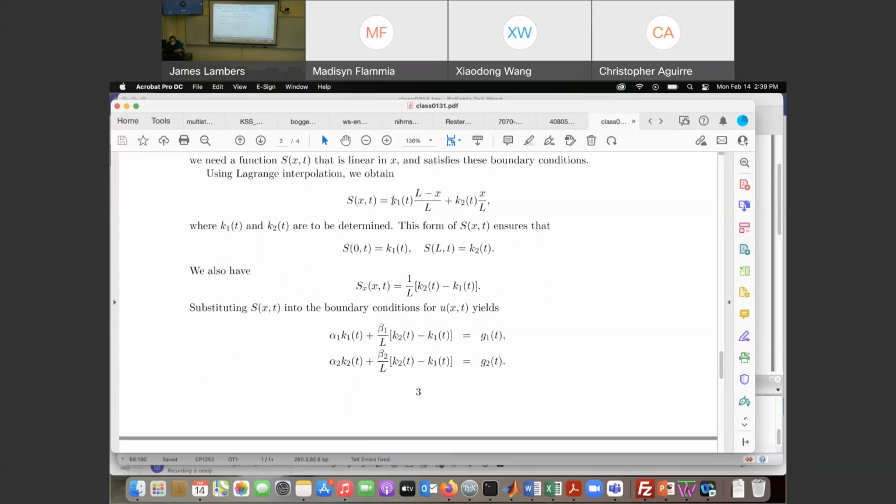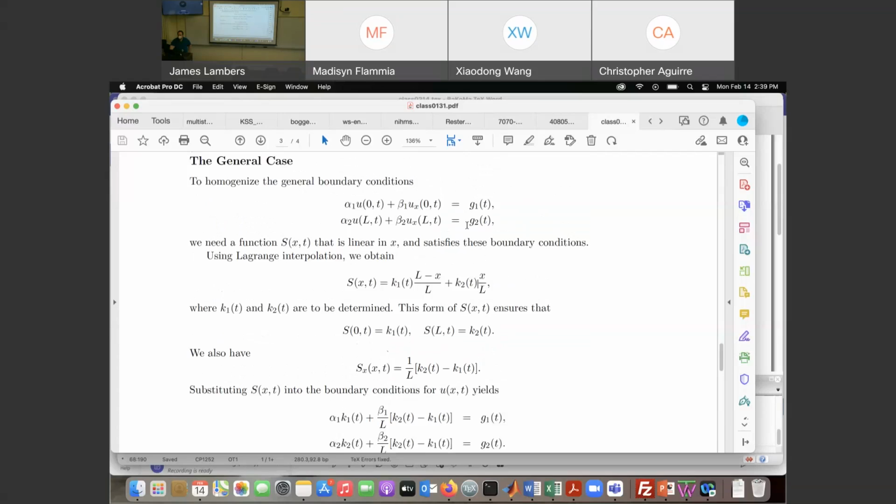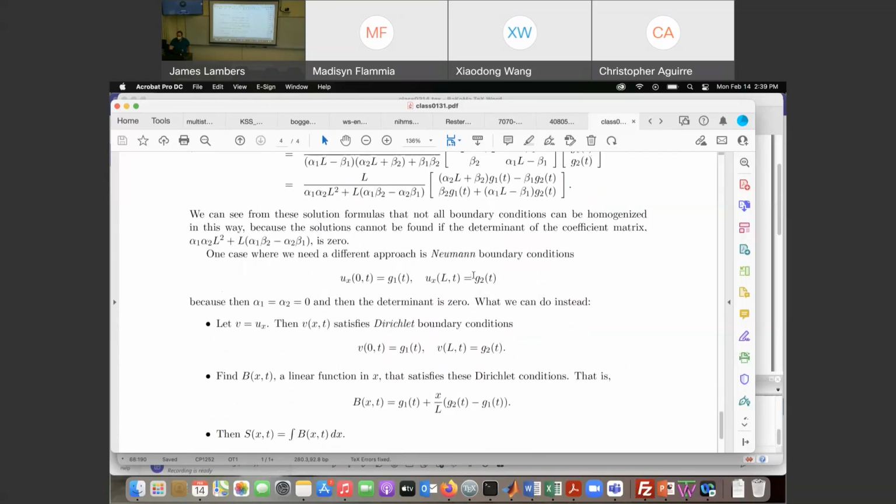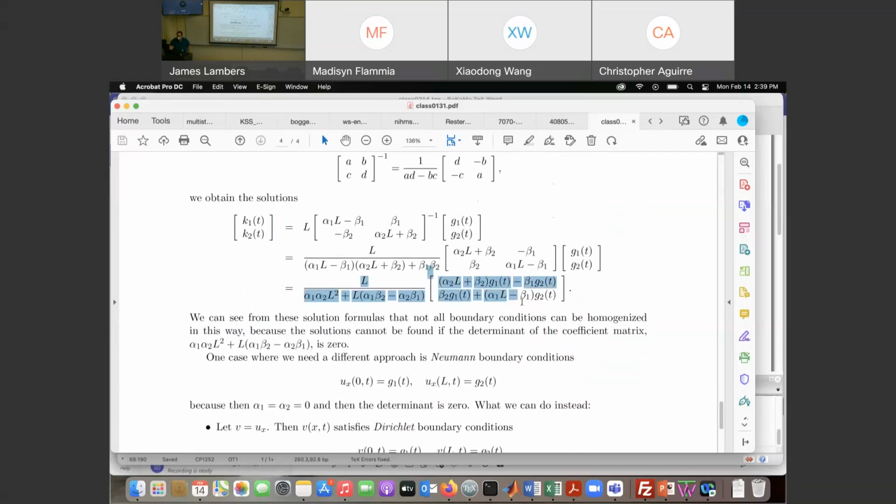In the general case, you don't know what k1 and k2 are unless there's a type 1 boundary condition at one end or the other. When that happens, you can fill these in immediately. But if your boundary condition depends on just ux, or it's a combination of u and u dx, these are unknown at the beginning, but they're given by this, where g1 and g2 are whatever boundary values are specified in the original boundary conditions.